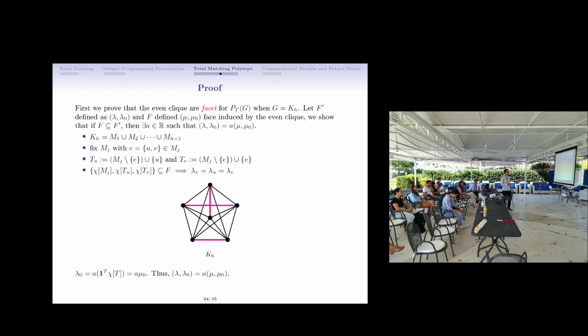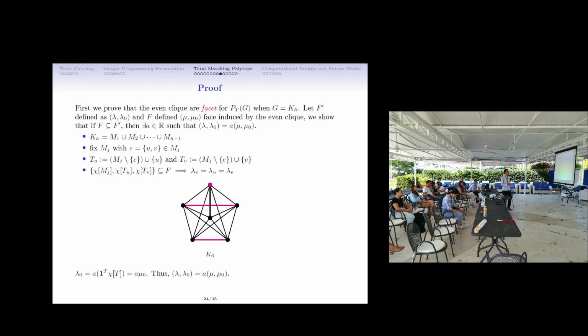Then, if we swap, so fix a perfect matching MJ, with J in that disjoint union here, with endpoints U and V, we can swap that edge with one of its endpoints, and so we can build two new total matchings TU and TV.